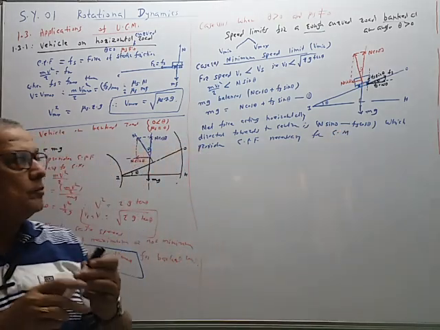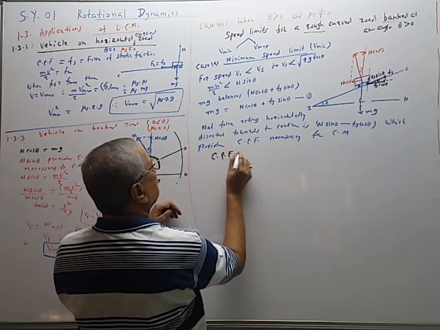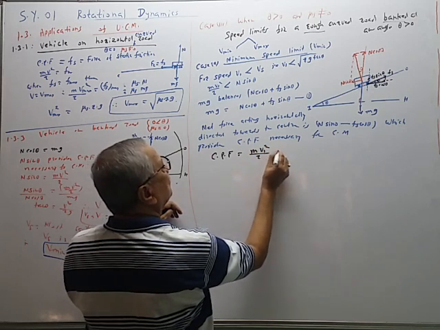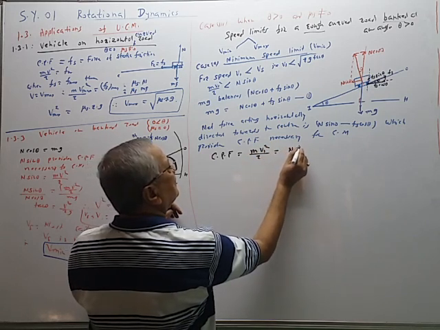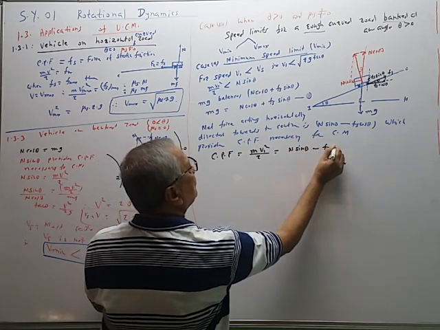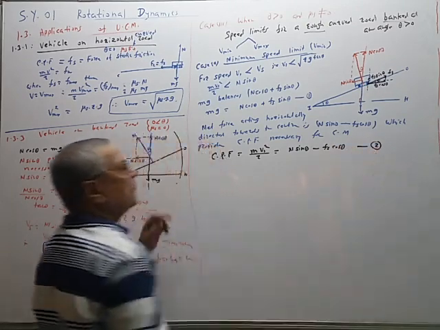And therefore, centripetal force is equal to m v1 square upon r is equal to N sin theta minus Fs cos theta. So this is equation 2.